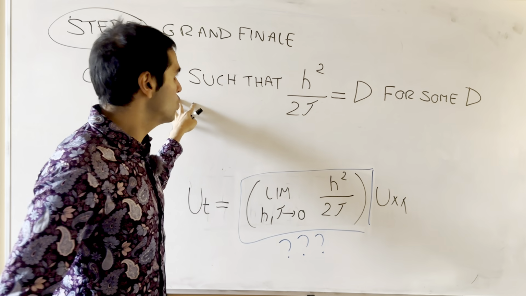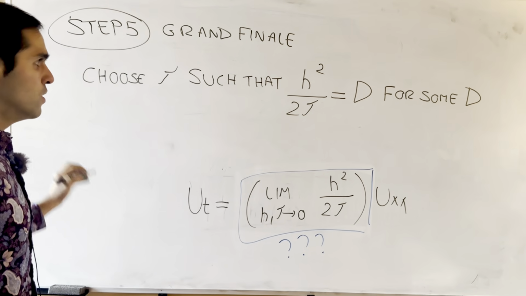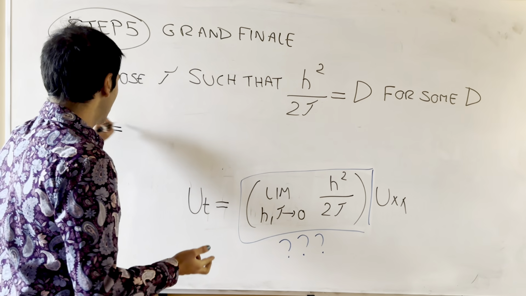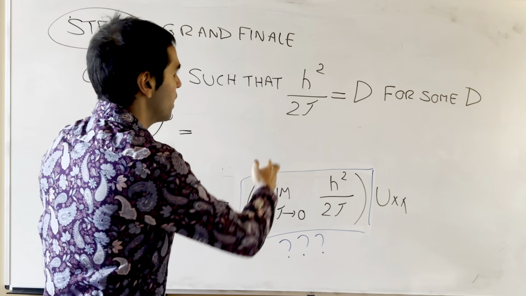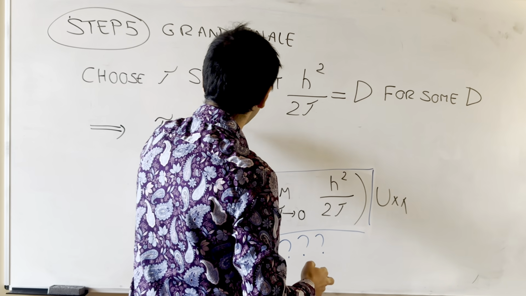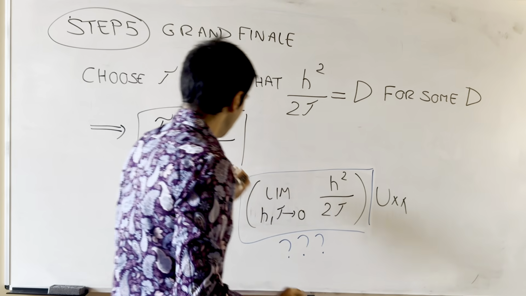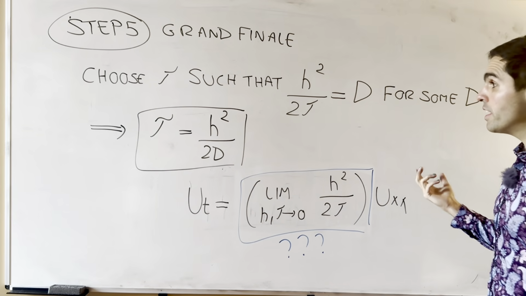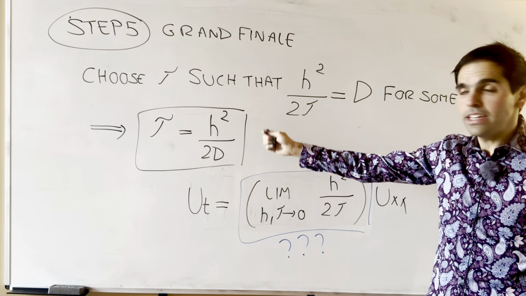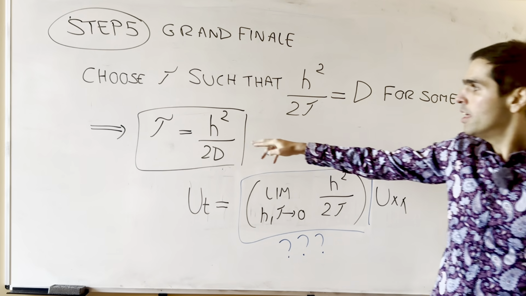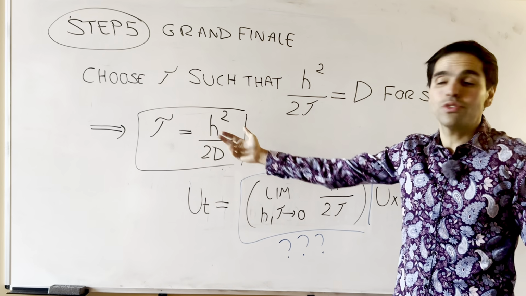We want to choose our parameters to get an interesting limit. So in particular, what we get is, in this case, tau is h squared over 2D. This is all good. The only thing we need to worry about is whether tau is small. But notice, as h goes to 0, tau also goes to 0.